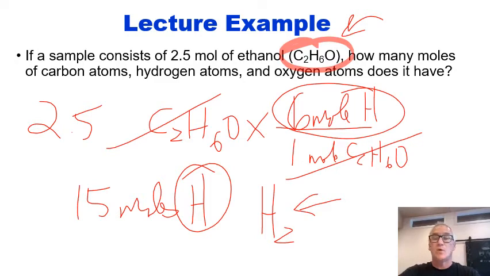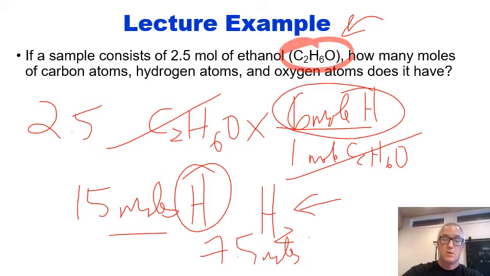We have 15 moles of hydrogen atoms. So if we want to go back to hydrogen molecules, then we need to do another conversion. If we have 15 moles of hydrogen atoms, how many moles of hydrogen molecules would that be? Since there's 2 atoms in a molecule, that would be 7.5 moles of hydrogen.